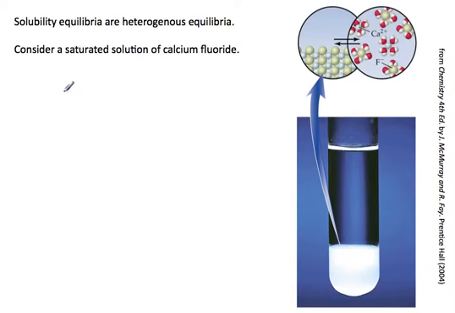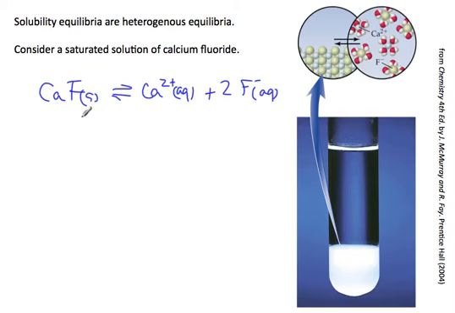When dealing with solubility equilibrium, we always write the dissociation expression first. Don't forget the stoichiometry: CaF2 yields calcium ions plus 2 fluoride ions.